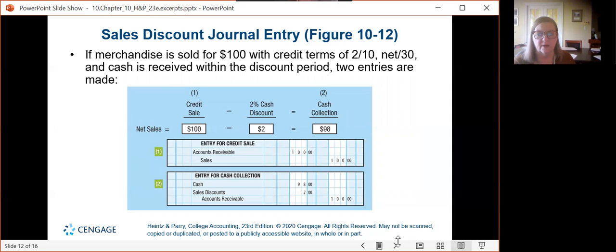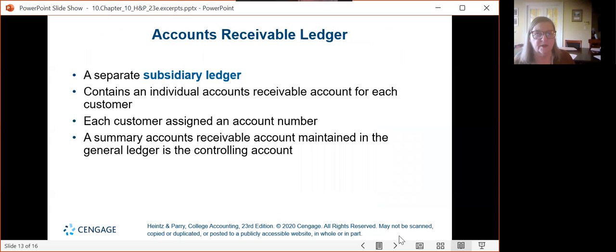Okay. Now, we're going to practice some of those in an exercise, so don't worry, that'll be in a different video. There's the accounts receivable ledger. And so we'll record everything just like I showed you with a debit to accounts receivable, but we also have to keep track of which customers owe us.